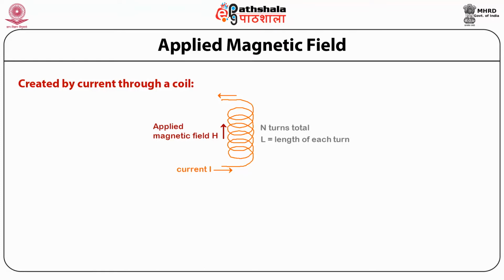Students, you can see in the figure that there is a coil carrying a current in some direction where the magnetic field is pointing upwards. You can find the direction of the magnetic field by the right hand rule.